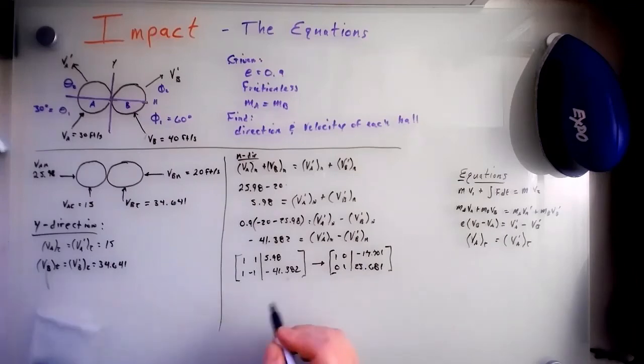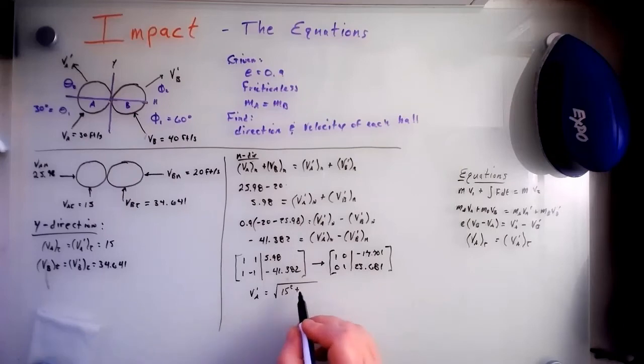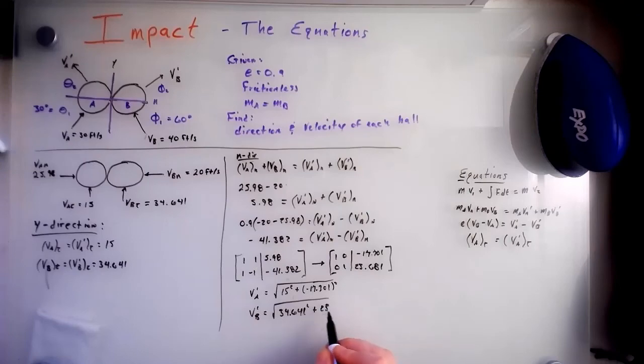So our vectors are V prime A is going to be equal to 15 squared plus minus 17.701 squared, and then V prime B is equal to 34.641 squared plus 23.681 squared, right? We run these through.